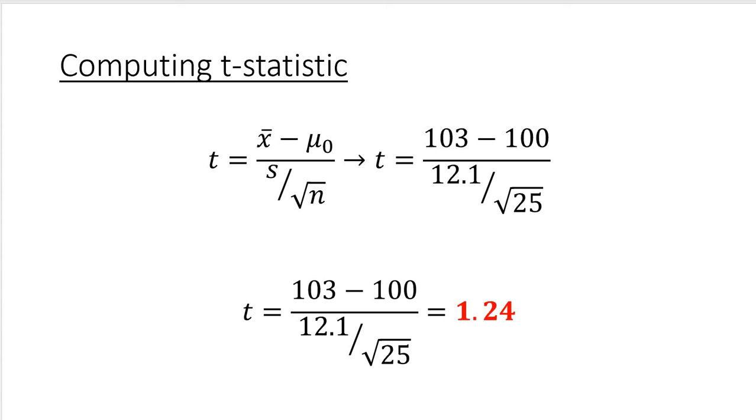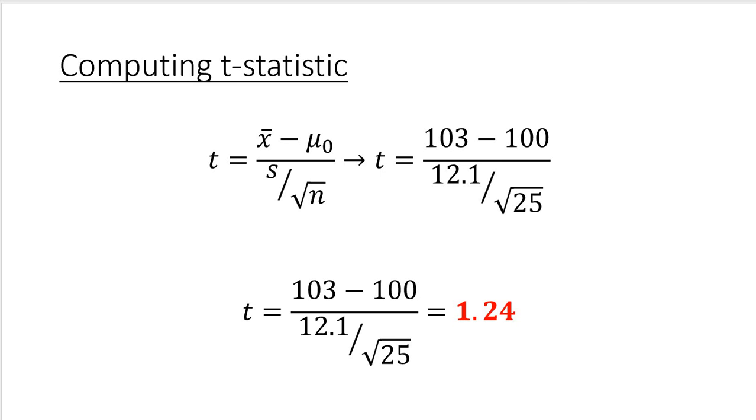So here we are. The sample mean is 103. We want to check whether it's different from 100. The standard deviation is 12.1 and there are 25 observations, and the resulting t-statistic is equal to 1.24.